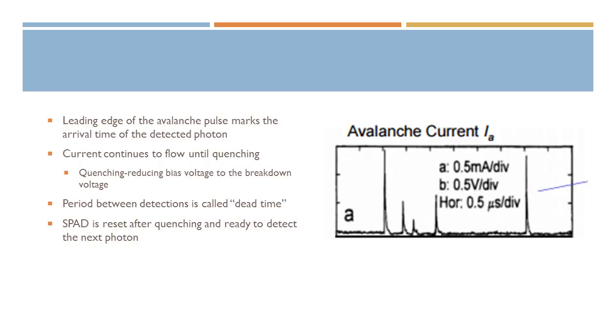Then there is a period between detections called the dead time where the device can recharge, and that period is usually a duration of at least 6 nanoseconds in today's technology. The dead time is also variable depending on if the diode is being quenched actively or passively. On the plot, that period would be right before the next leading edge. After quenching, the single photon avalanche diode is reset by applying the bias again and ready to detect for the next photon.